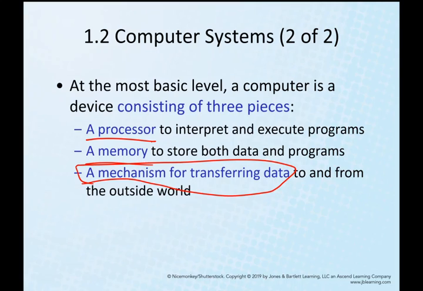Without a mechanism for transferring data between the computer and the outside, we have absolutely no idea what the processor is doing. We cannot enter information to the processor, and we cannot read the output and the results of the process. So we need a mechanism for transferring data. We need a memory to store information, and of course we need the processor as the brain of a computer.